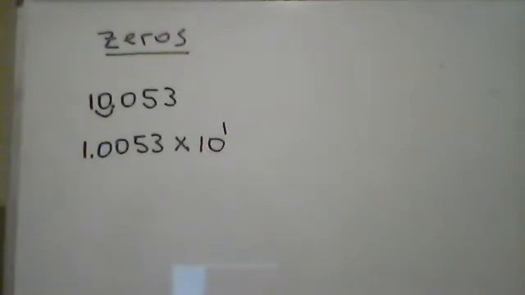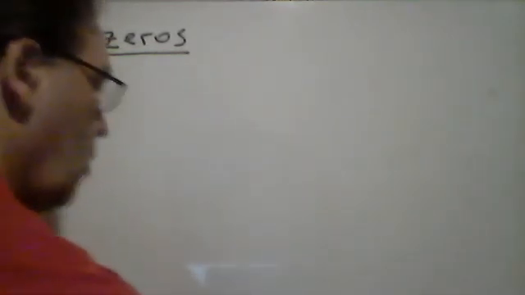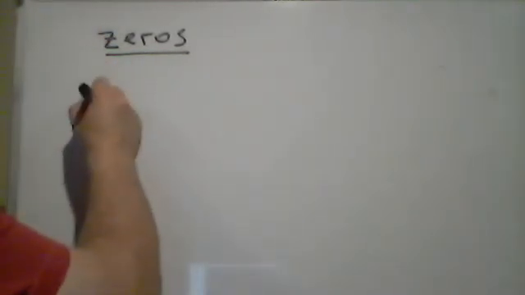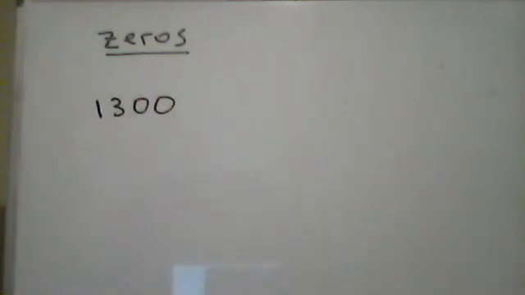Now we get to a situation where, let's say I give you another example with zeros. Let's say I give you 1,300. And let me ask, how many significant figures do you think are here? If anybody hazards a guess?